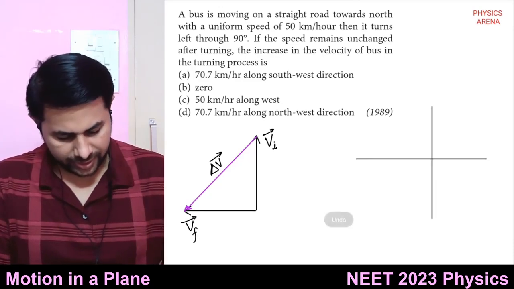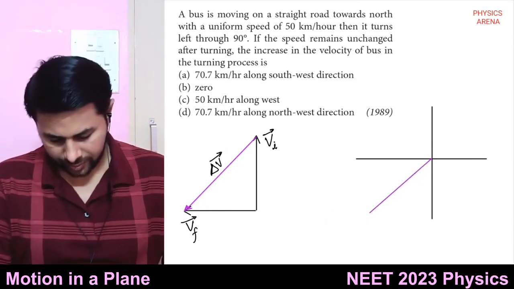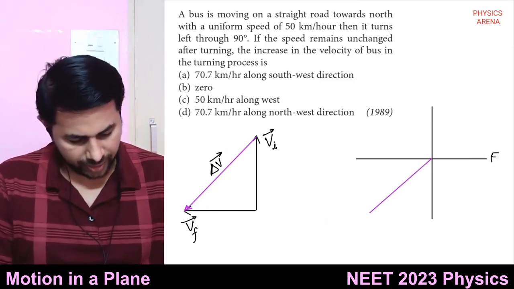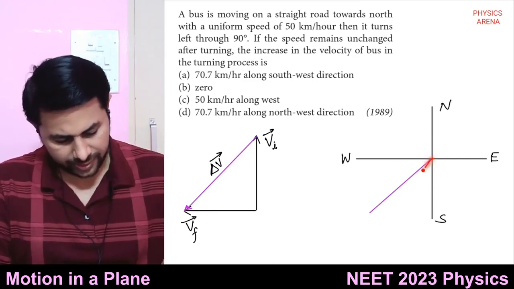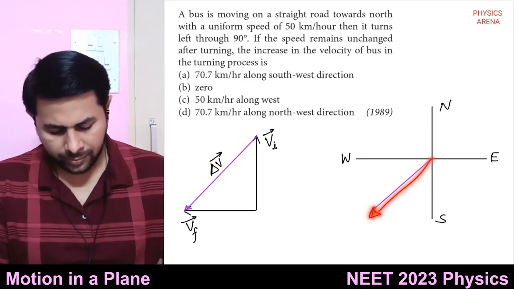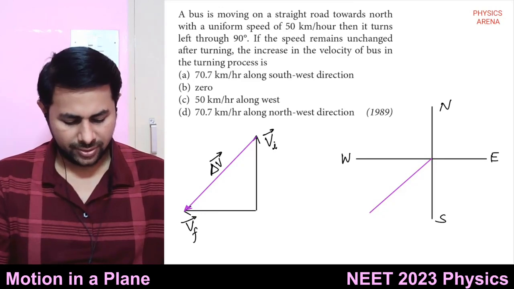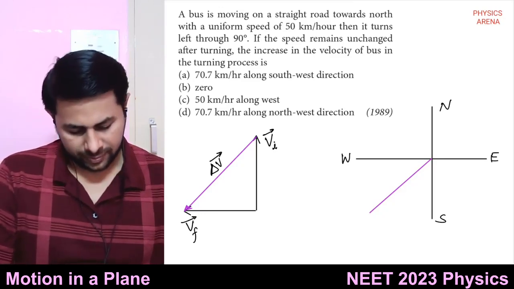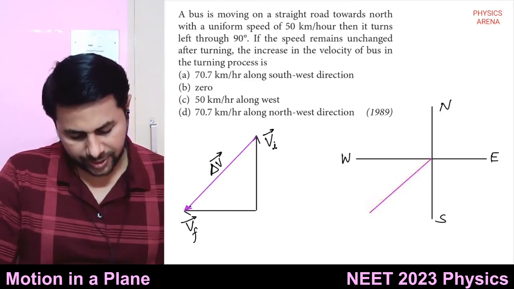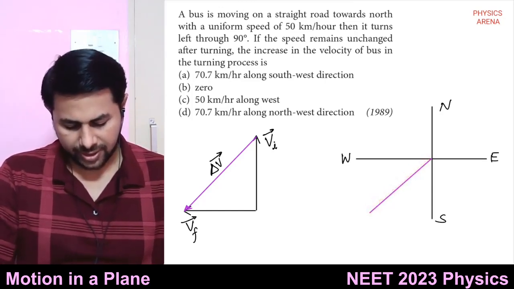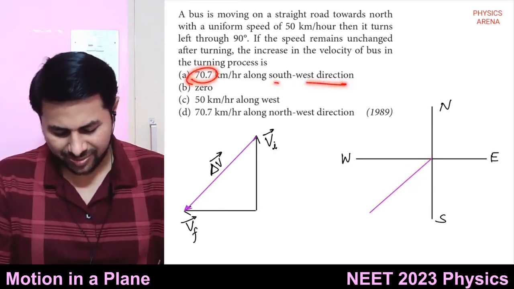If I draw east, west, north, south, which direction is this? Southwest. So the change in velocity is in the southwest direction. How much is its magnitude? There is only one option with southwest, so this must be the magnitude, right?